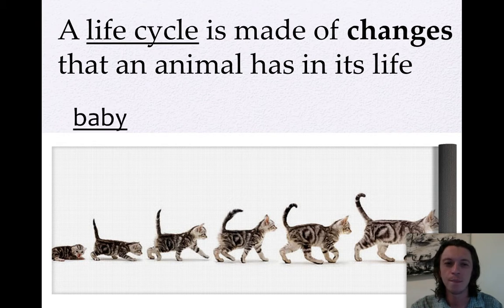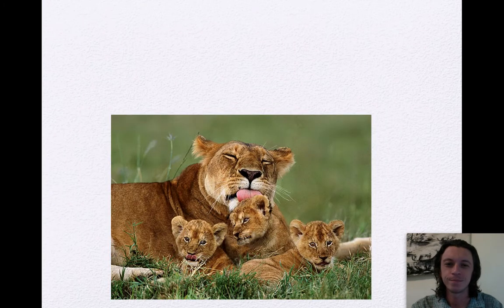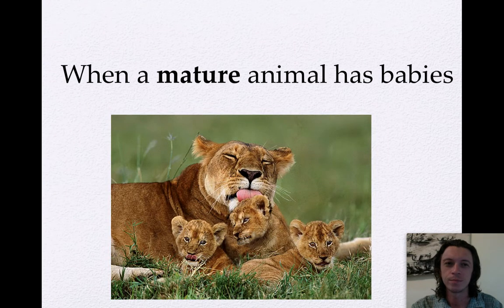First, a baby grows into a mature animal. When a mature animal has babies, we say reproduce.